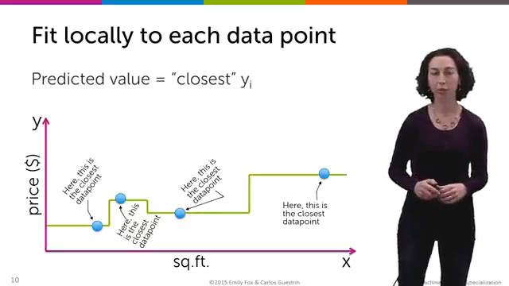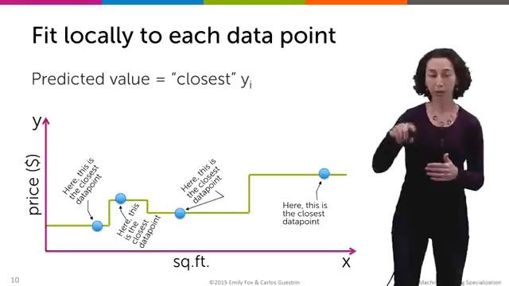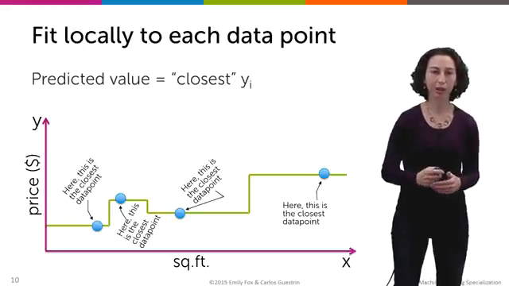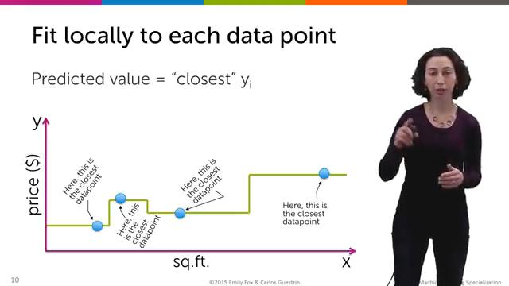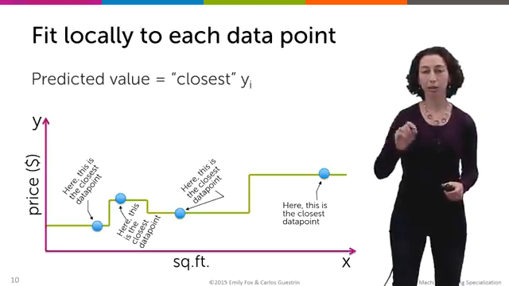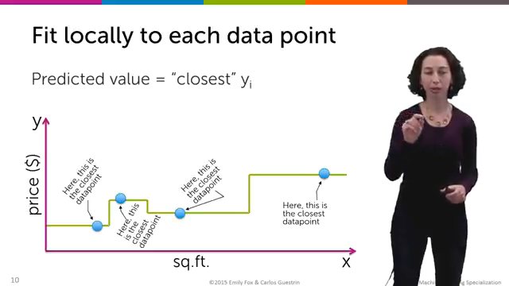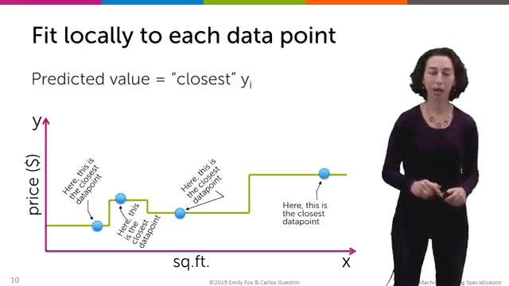So here we're showing what the resulting fit would look like. The green line is the fit, and we have these little arrows showing which are the closest observations. So just to be clear, if I'm somewhere in this input space, so I have some number of square feet for my house, I'm going to look for the closest observation, and I'm going to choose my predicted value for my house to be exactly the same as this other observation.